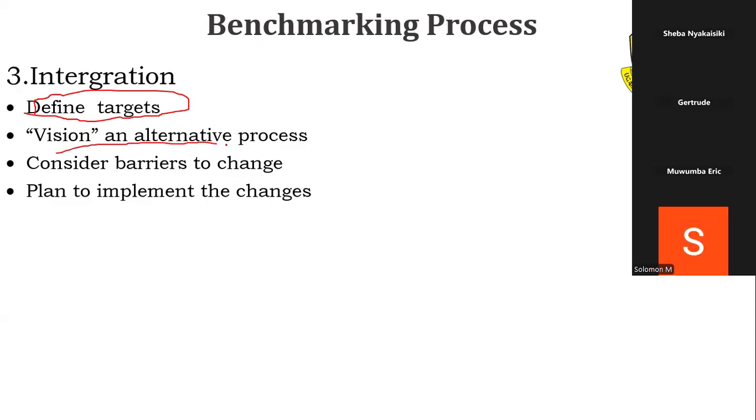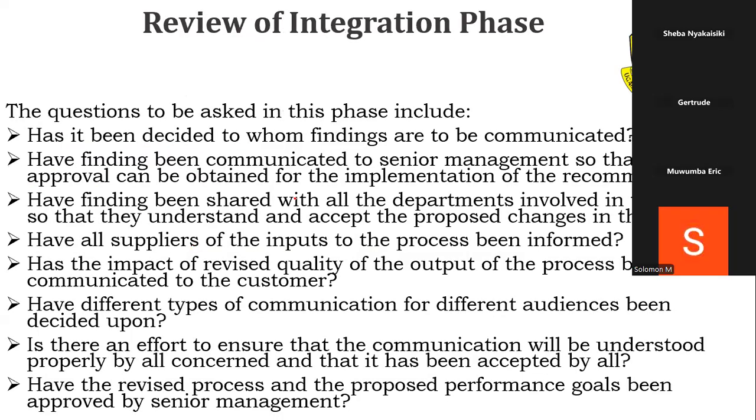Vision on alternative process. So we try to visualize, based on what we found, how do we intend to re-engineer or improve the identified processes? How do we expect these processes now to move? Consider barriers to change. Plan to implement the changes.